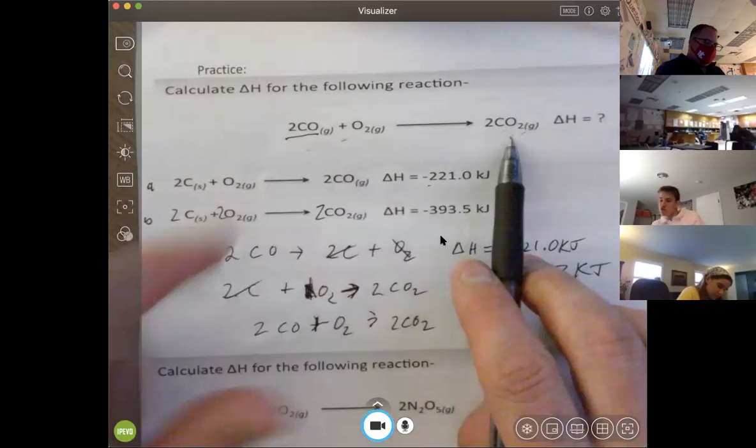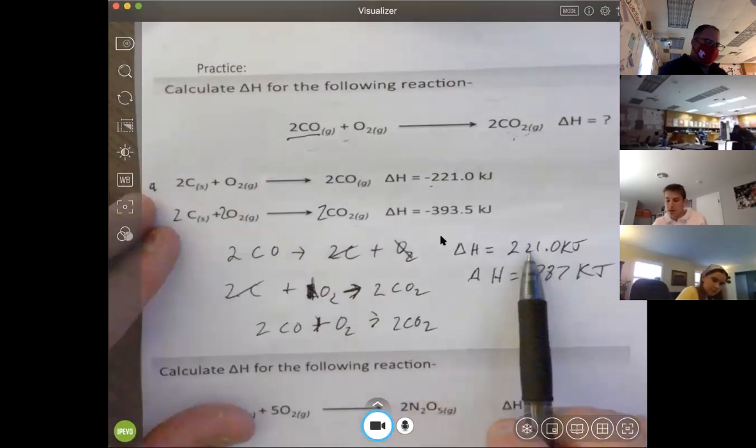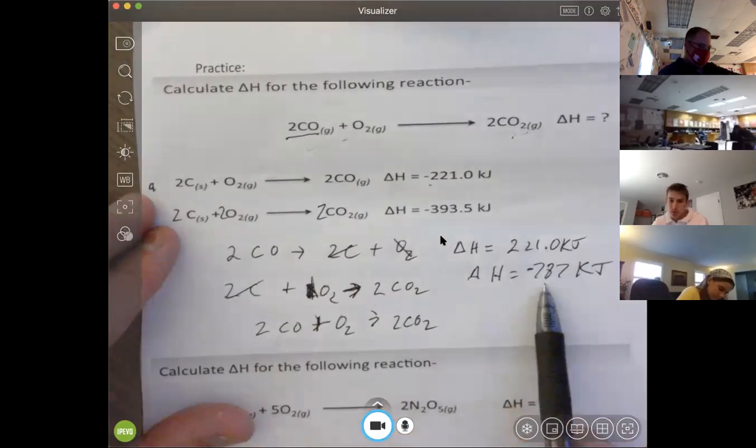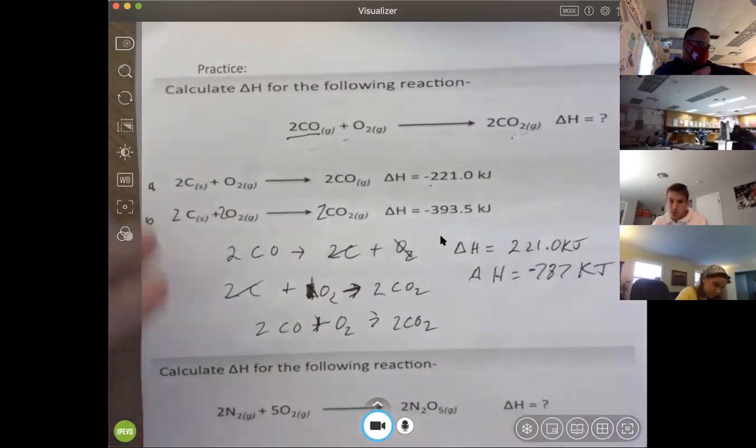So what we can do now is add these two reactions. We can also add their adjusted heats to get us to where we needed to be. 221.0 plus negative 787. Dang it, we don't want to subtract it. We just add these two.